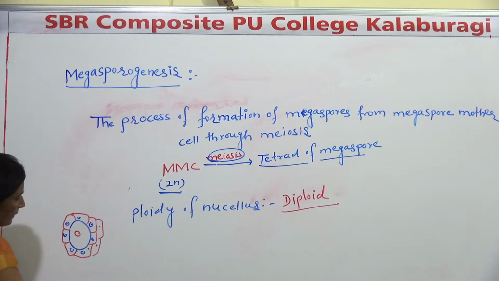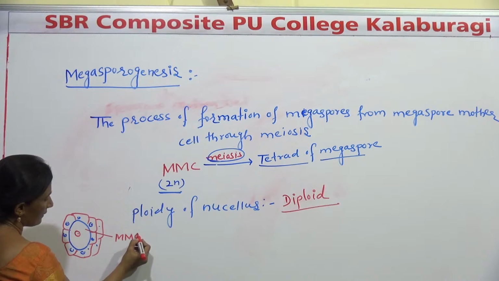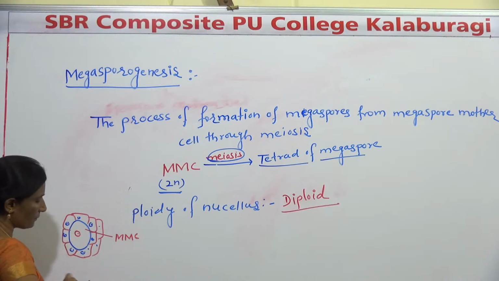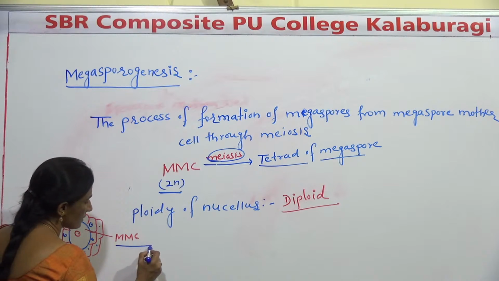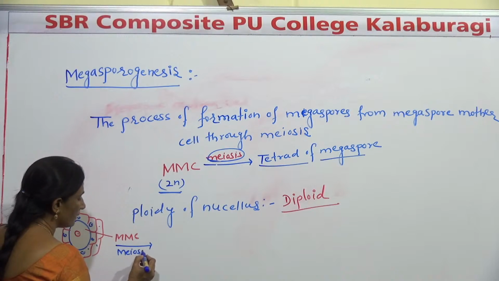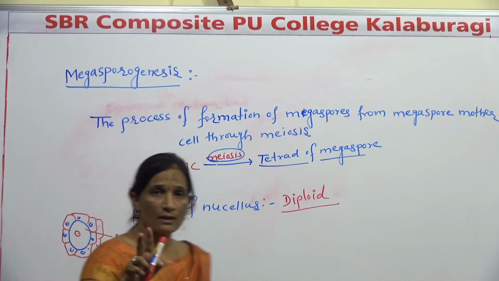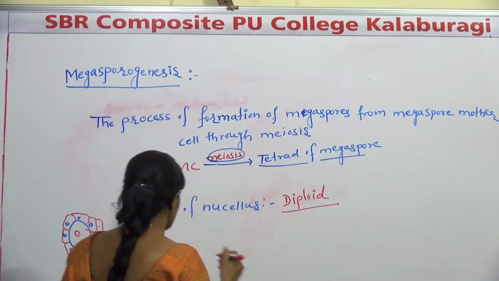So this is the megaspore mother cell. This megaspore mother cell undergoes which division? Meiotic. In the first meiosis, how many cells are formed? 2 cells.